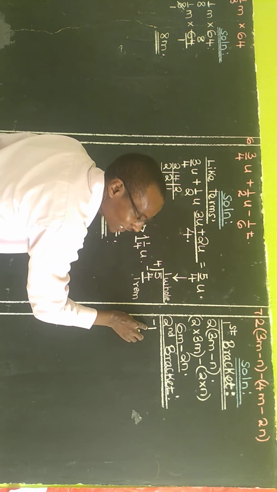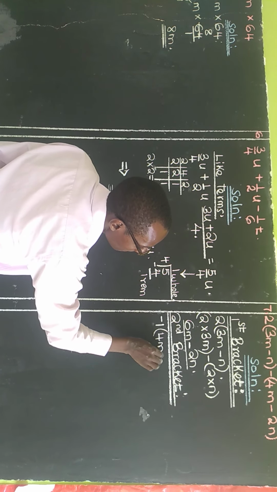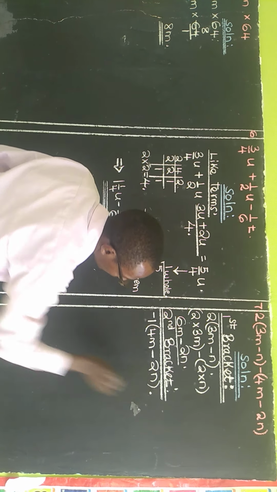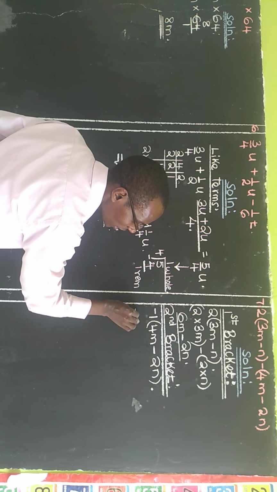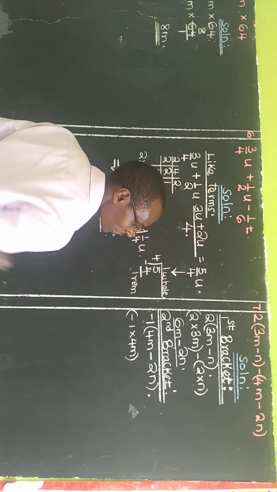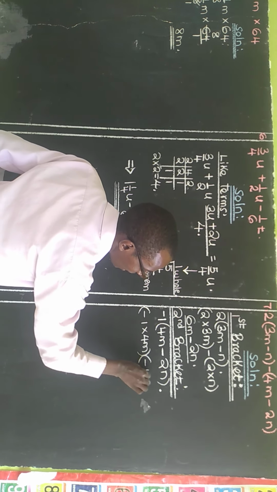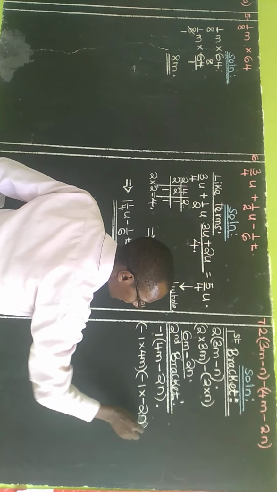You must introduce that 1 into 4m minus 2n. So from there we open the bracket here. It will be negative 1 times 4m, followed again by negative 1 times negative 2n.